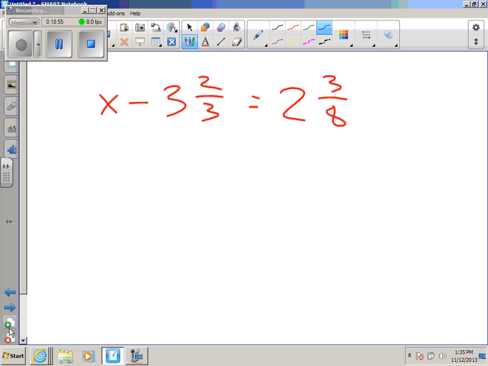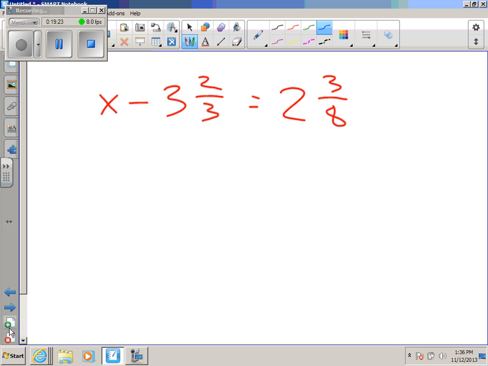I need to find out what x is. In order to do that, I need to do the opposite of what's currently happening to it on that side. And when I say side, I mean side of that equals sign. Okay? What is currently happening here on this side? We are subtracting 3 and 2/3. So I have to do the opposite of subtracting 3 and 2/3, which is to do what?